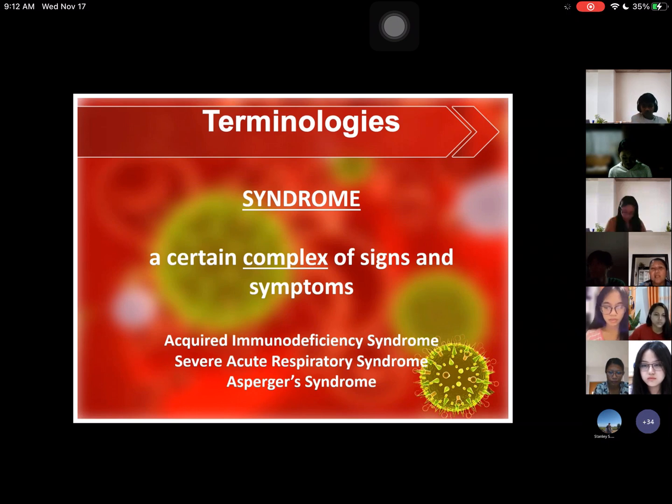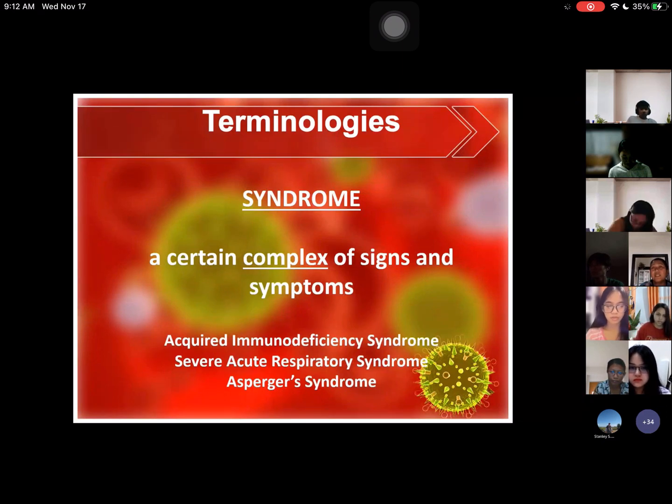So you know already the acquired immunodeficiency syndrome, if you have the HIV, the severe acute respiratory syndrome, or the SARS, or the same symptoms with the COVID-19, okay, or the Asperger's syndrome.